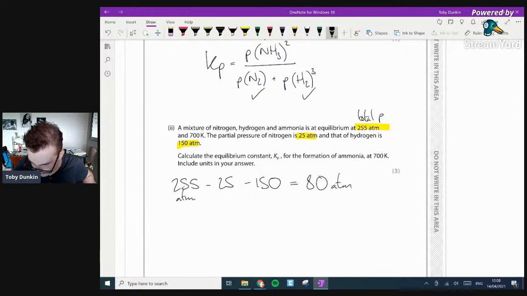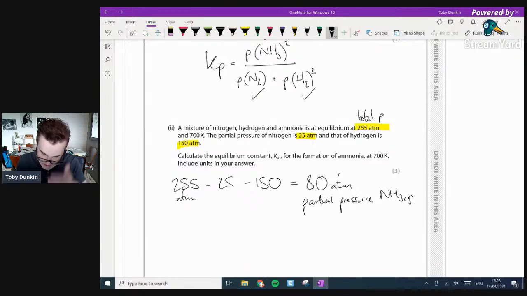So 80 atmospheres is the partial pressure for ammonia, NH3 gas. I like it.